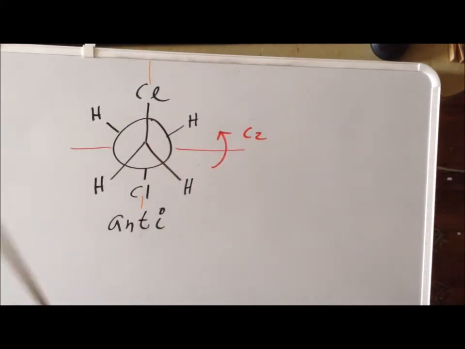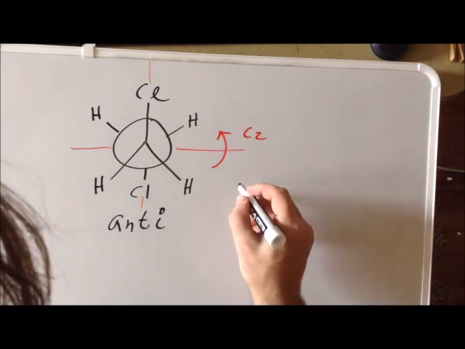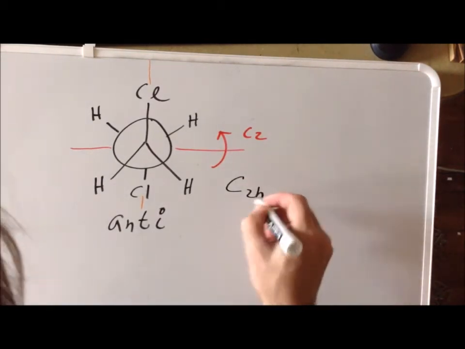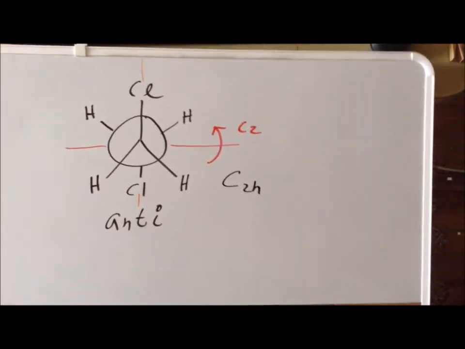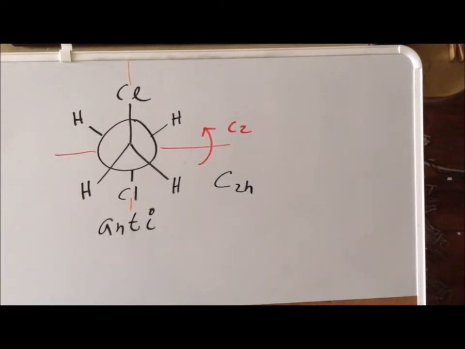So that means that this is going to belong to the point group C2h. And as we recall, one of the interesting things about C2h is it's a centrosymmetric point group, so we must also have inversion here.